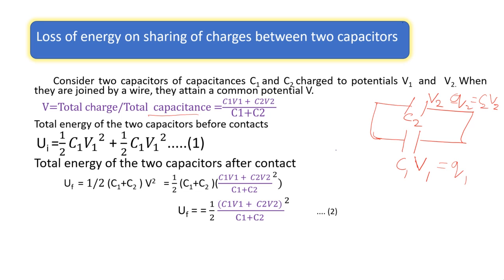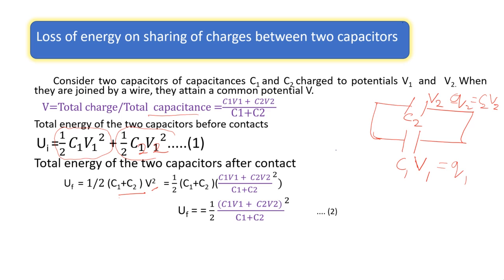The total energy of the two capacitors before contact is nothing but the energy stored in the capacitors, that is half C1 V1 square plus the other capacitor's energy, half C2 V2 square. The total energy of the two capacitors after contact is given by the effective capacitance into the final voltage, half C1 plus C2 into V square.